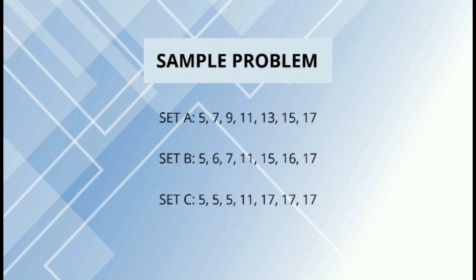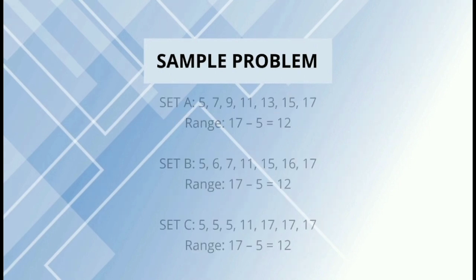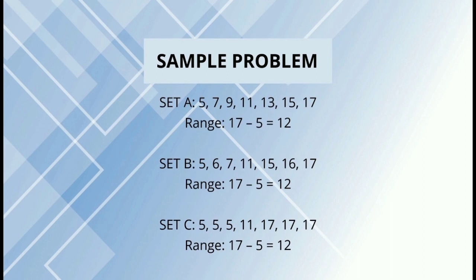Set A's minimum is therefore 5, while its maximum is 17. Subtracting the minimum value from the maximum value, set A's range is therefore equal to 12. Now that we have found the range of set A, we do the same procedure for sets B and C. Following the same procedure, we get the range of sets B and C to be likewise equal to 12.